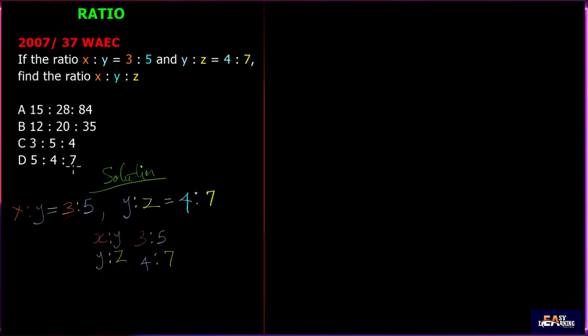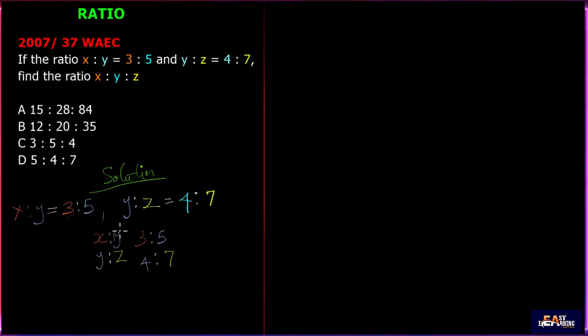All right, let's look at something very closely. The value for y in this first ratio is 5, right? Great. Now the value for y in this second ratio is 4.